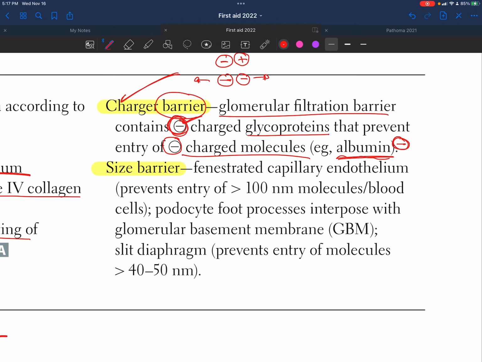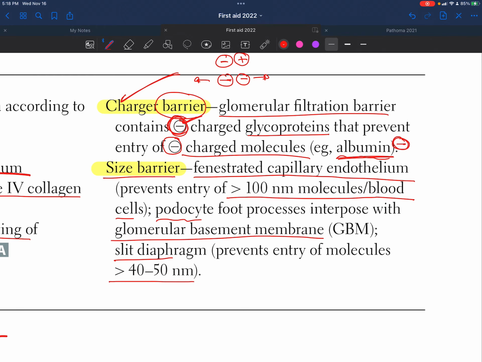The second method is the size barrier. Some sizes are allowed and some are not allowed to go into the urine. The fenestrated capillary endothelium prevents entry of molecules larger than 100 nanometers, while the podocyte foot processes interposed with the glomerular basement membrane, this diaphragm, prevent entry of molecules larger than 40 to 50 nanometers.